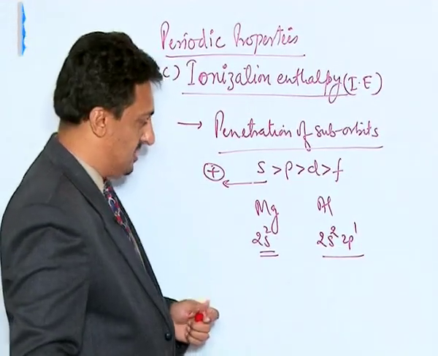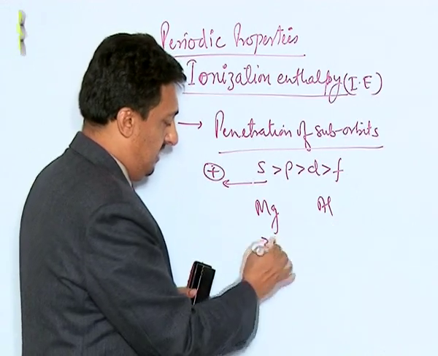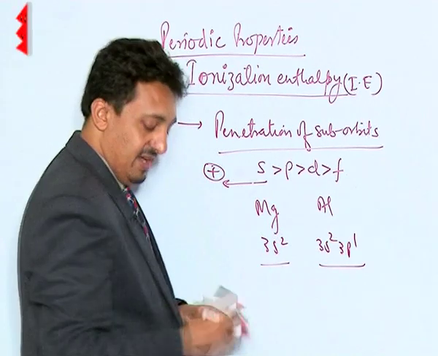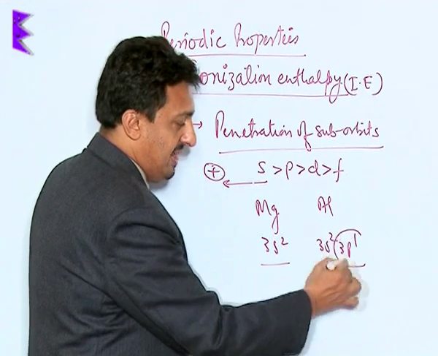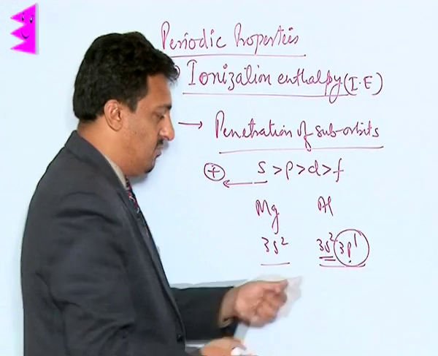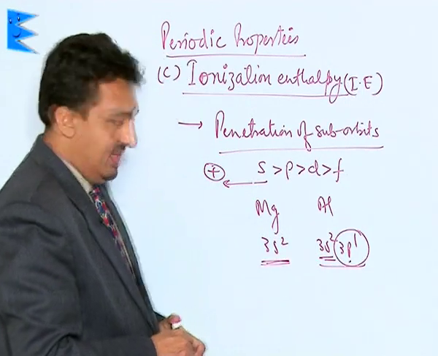They all belong to the third period. So what we find is the outermost electron of aluminium is in the 3p suborbit, whereas in magnesium the outermost electron is in the s suborbit.